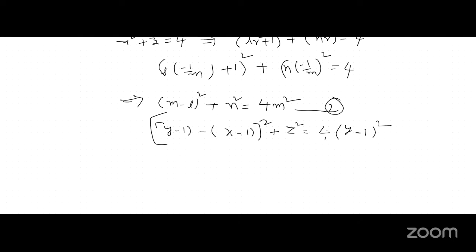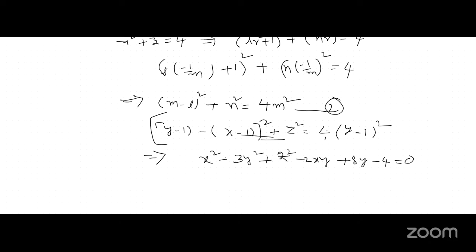If we simplify this, we get x square minus 3y square plus z square minus 2xy plus 8y minus 4 equals 0.